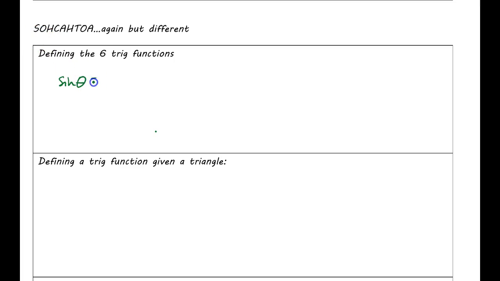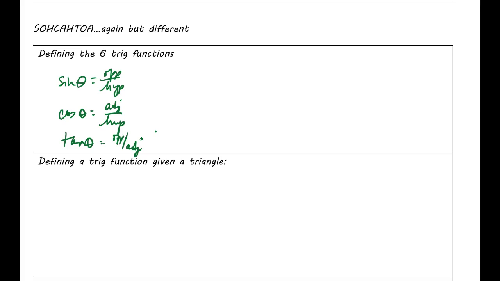The sine of theta equals the opposite over the hypotenuse. The cosine of an angle is equal to the adjacent over the hypotenuse. And then the tangent of an angle is the opposite over the adjacent. So those are things that you remember from geometry.